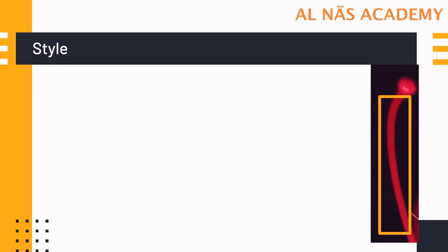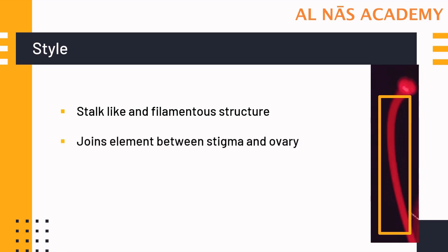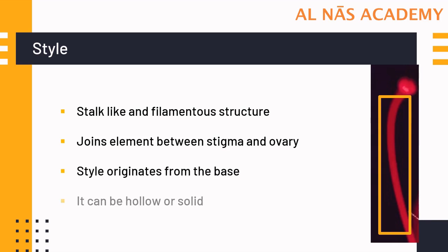Next, we are going to study about style. Style is a stalk-like and filamentous structure which acts as a joining element between stigma and ovary. When pollen falls onto the stigma, it starts traveling down through the structure referred to as style. The style originates from the base, that is from the ovary, and it can be hollow or solid.